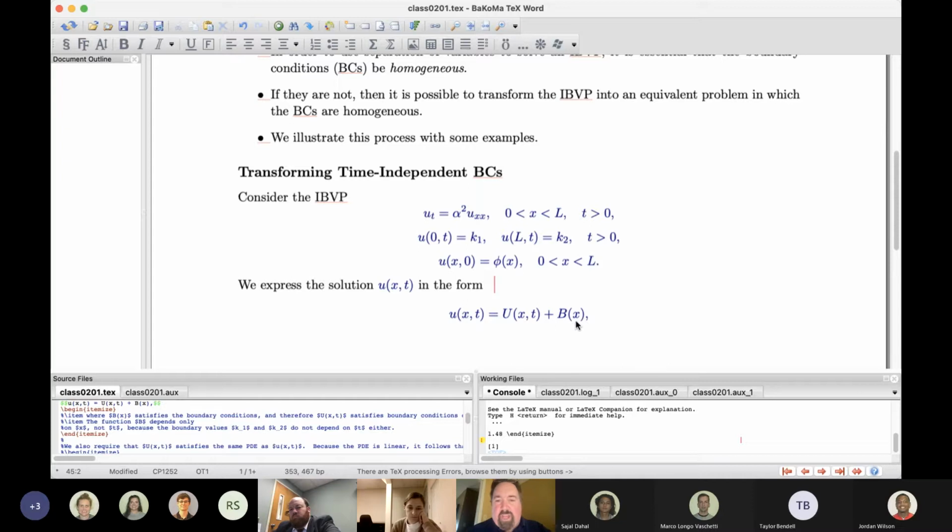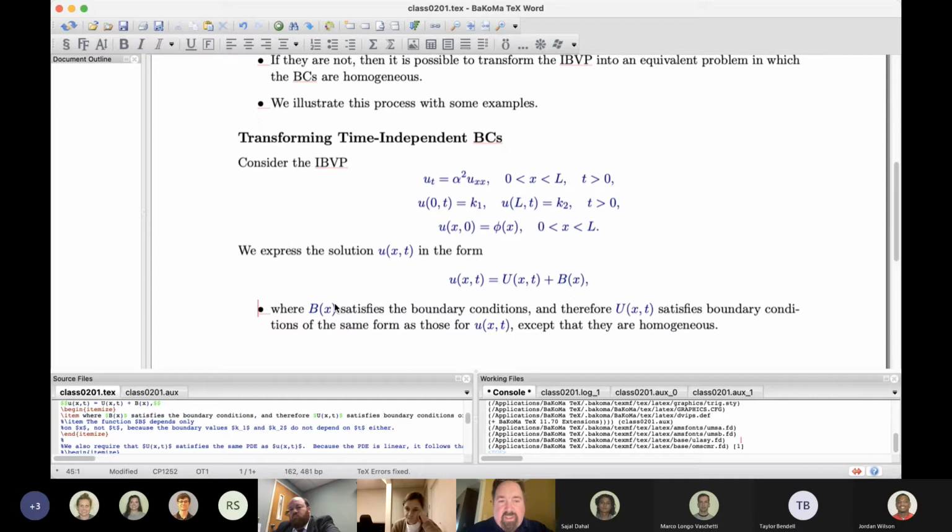So how do we define capital B(x)? That's the key here. Capital B has to satisfy these original boundary conditions. If little u satisfies these boundary conditions, and capital B satisfies the same boundary conditions, then the difference of them, capital U, will satisfy boundary conditions where these values are 0. So basically, we're causing the boundary conditions to cancel out. Capital U will be 0 on the boundary.